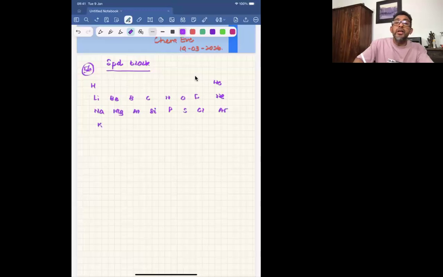Less than 20, so calcium can't be there. So these are the elements. You know these ones won't form chlorides. Chlorine also doesn't form chlorides. So these are the compounds.